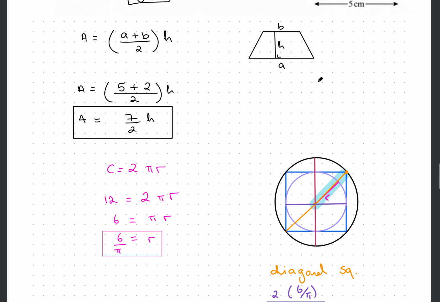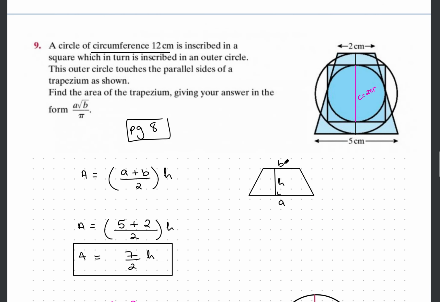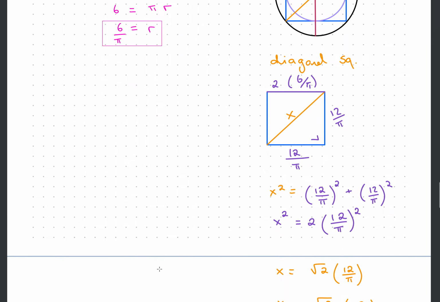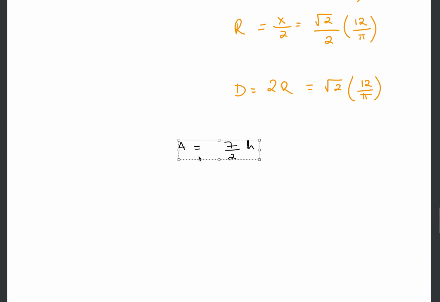Why did I need that? I needed that because I needed the perpendicular height of our trapezium. So this formula comes back, and there's the formula for the trapezium. I actually know what the height is now. It was the diameter of the larger circle, which I now know to be root 2 by 12 all over pi.